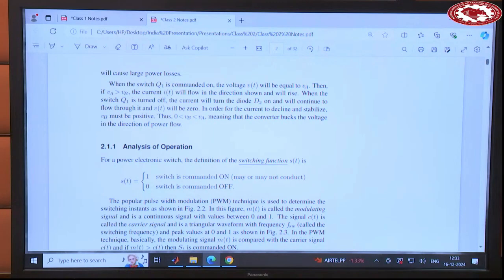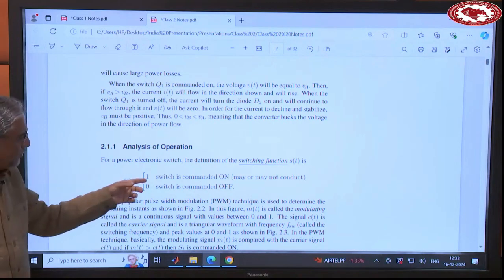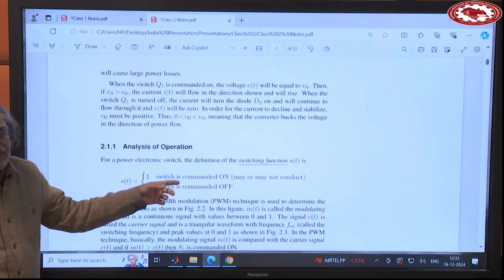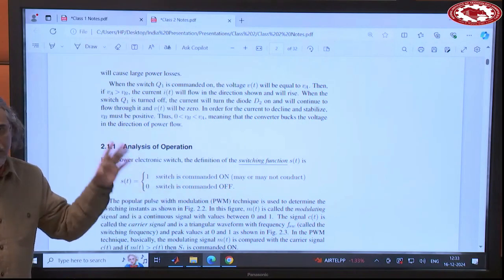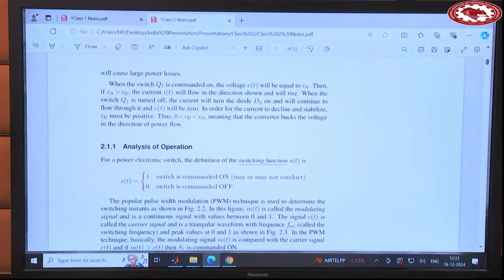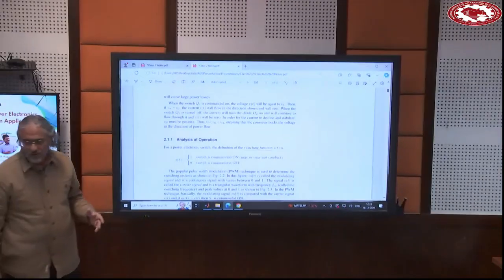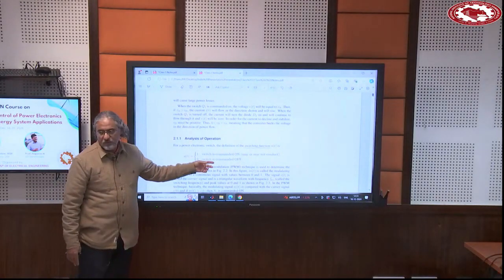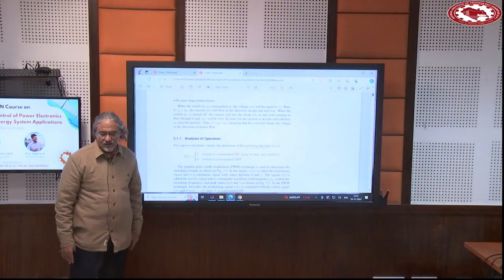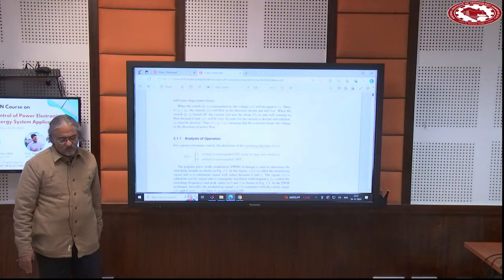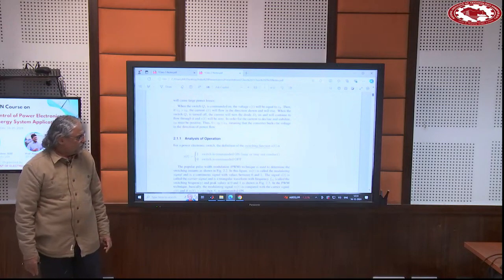Let's define this mathematical function equal to 1 when you command the switch to become on. In other words, when you apply the required voltage to the gate of that switch that you expect the switch to be on. And then 0 otherwise, when you apply the negative voltage or the voltage needed to turn the switch off.